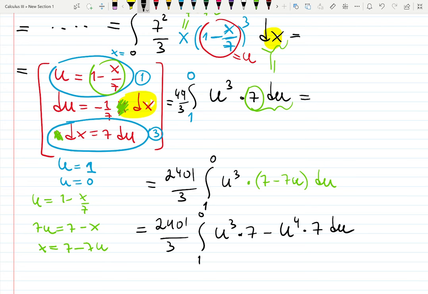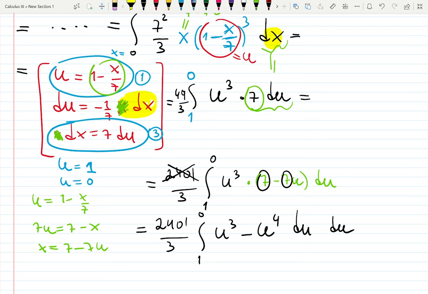Yeah, this 7 is already gone actually. So this was not 2401 right away. It only became that when I factored out this 0. So I will erase this 0, this 7. I'm erasing this 7. Now it's correct. Because minus u to the 4 du.